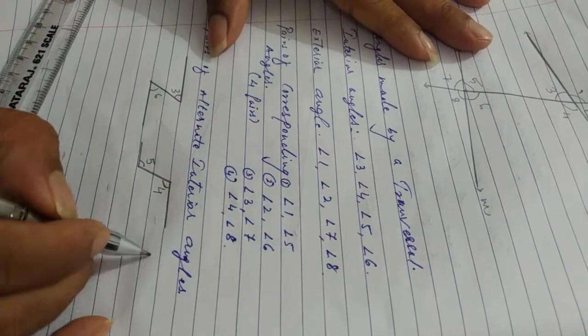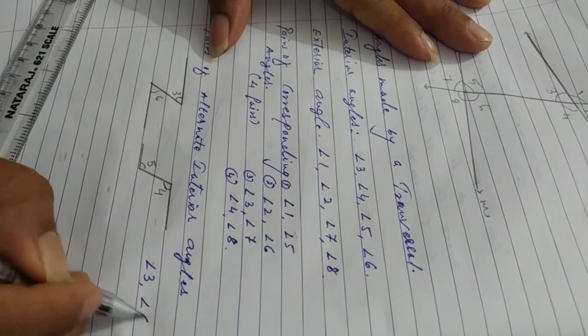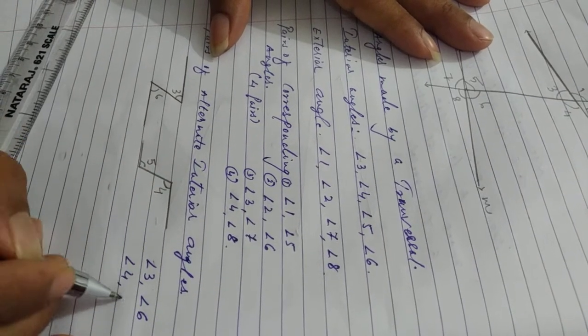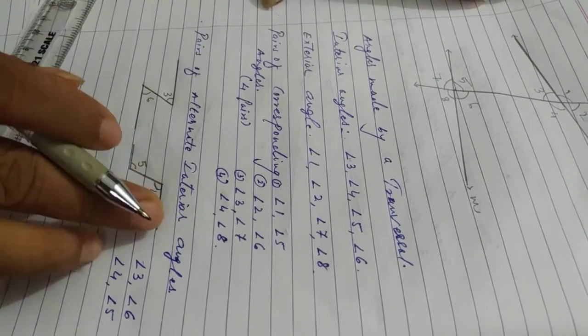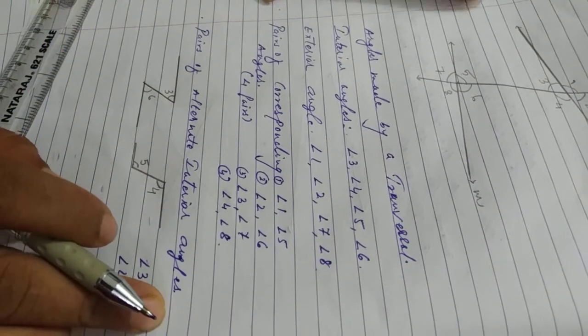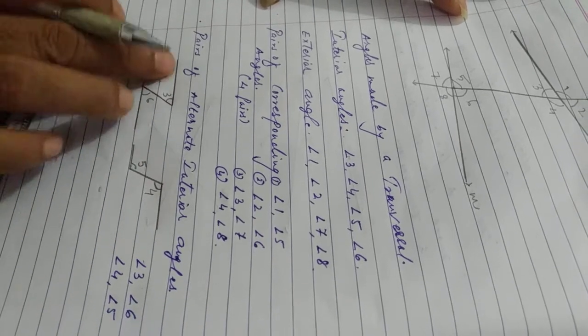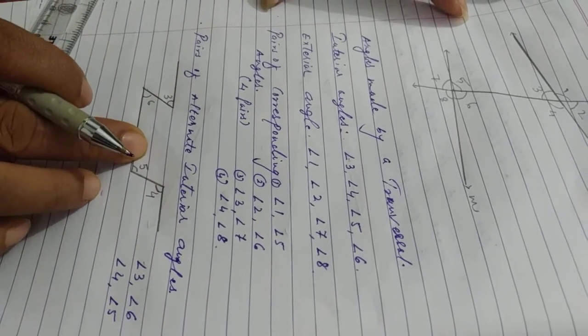Got it? Angle 3, angle 6, angle 4, angle 5 are the pairs of alternate interior angles. Alternate as well as interior. Got it?